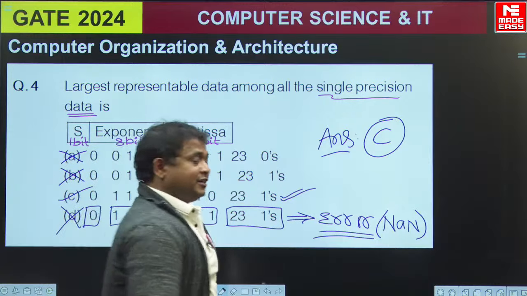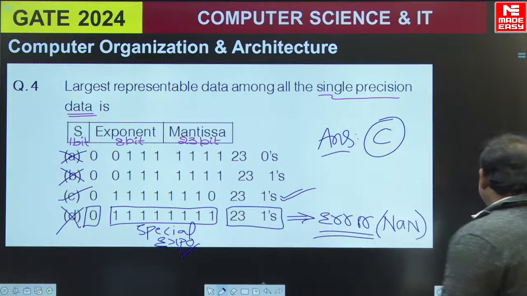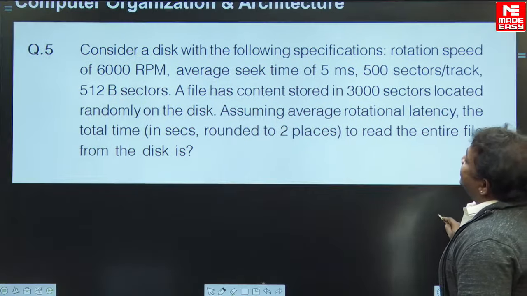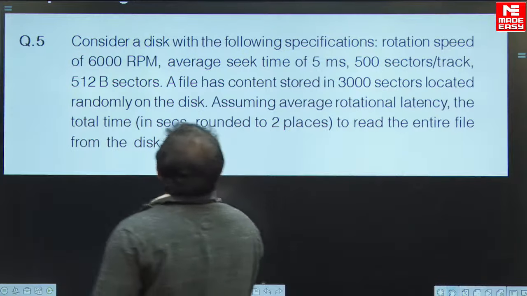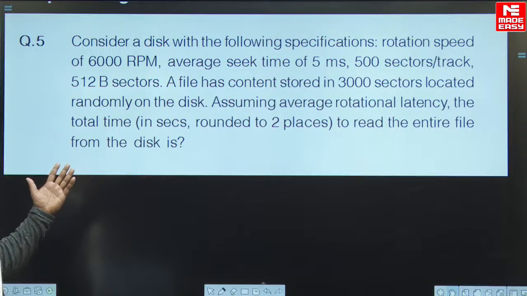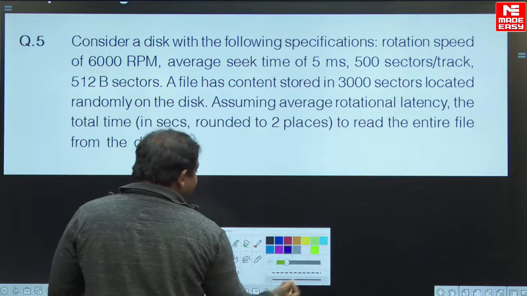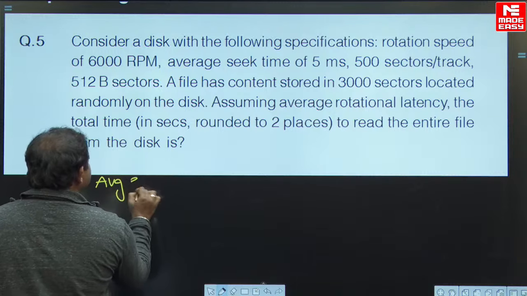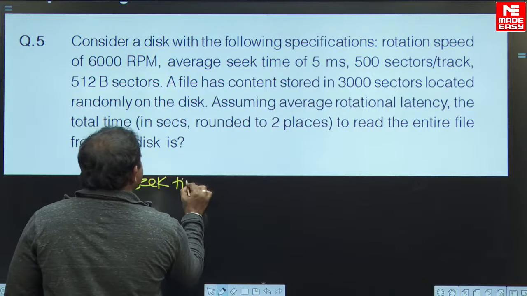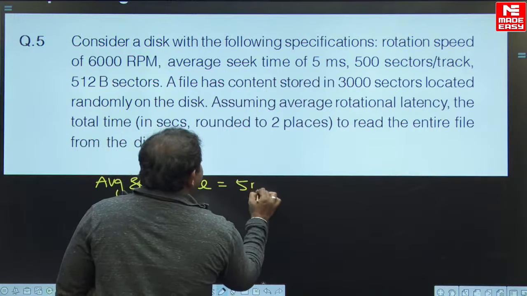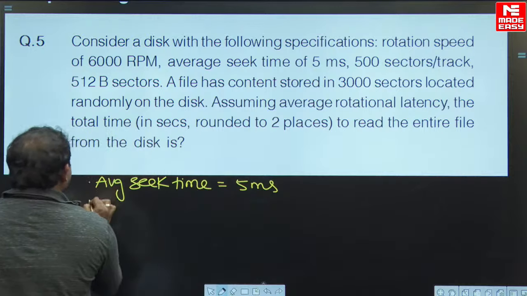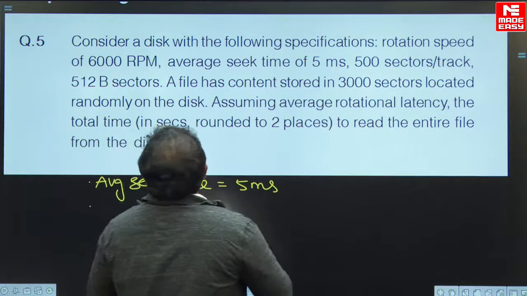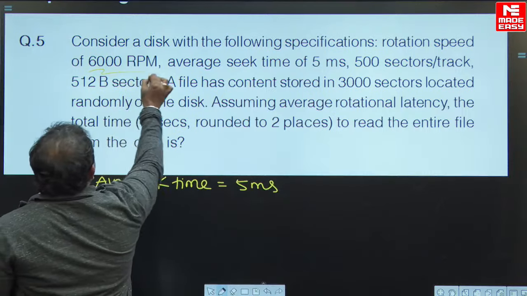All right, fine. The next question in the computer organization subject, see this, it is a hard disk question. Here the average seek time is already given, so the average seek time is equal to 5 milliseconds. Then we need to calculate the rotational latency. What they mentioned here is 6000 revolutions per minute.